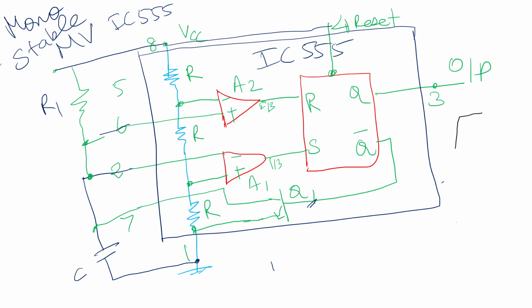And when the op amp gets a triggering pulse of two-thirds of VCC, operational amplifier A2 resets the flip-flop and Q will be low and Q bar will be high. During that time, the output will be like this. So, because of this, the monostable multivibrator is capable of giving only a single shot of pulse.